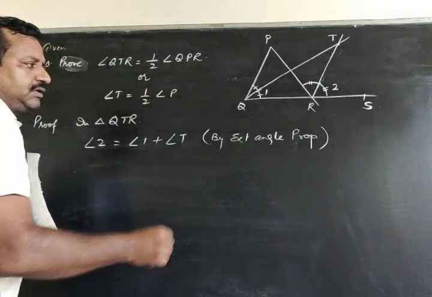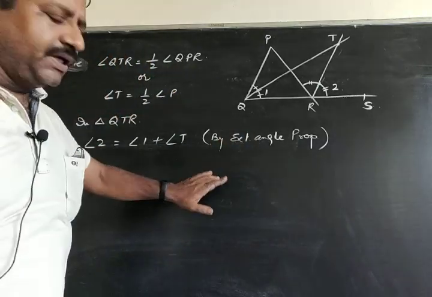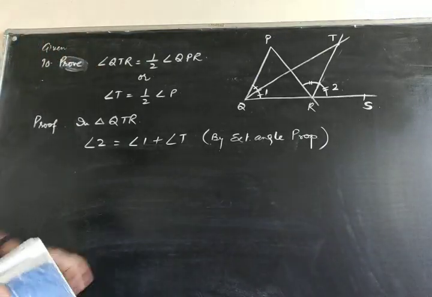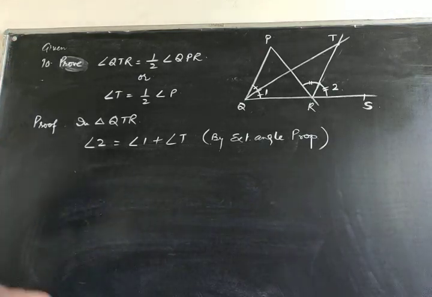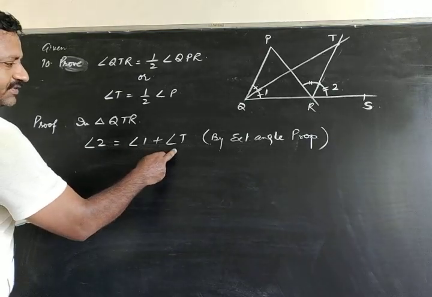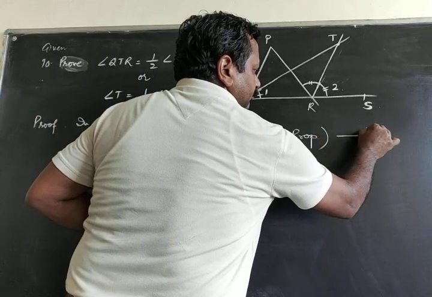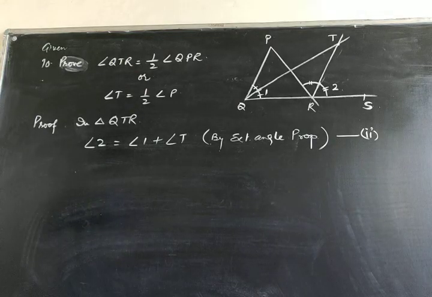So this reason should be written in the first part also. Here also in the first part we have roughed the board, but you have to write this reason over there also. The value of angle 2 is this also. This is number 2. And the value of angle 2 is also P by 2 plus angle 1 that we have written in first part.